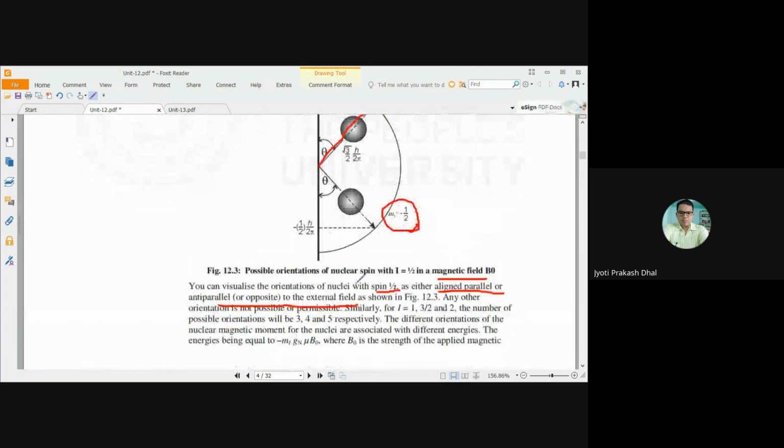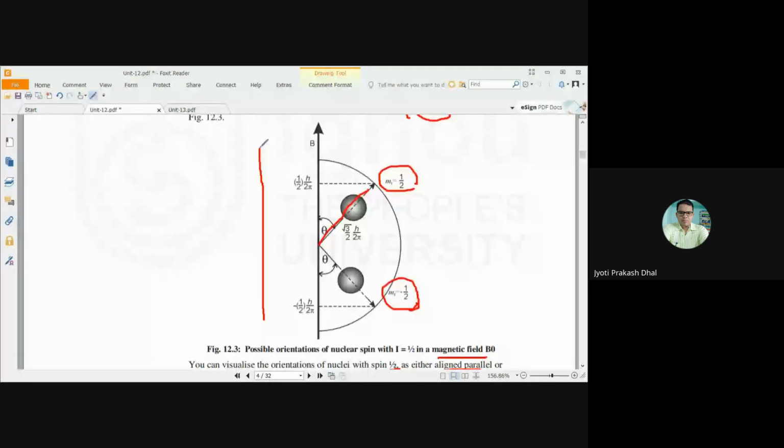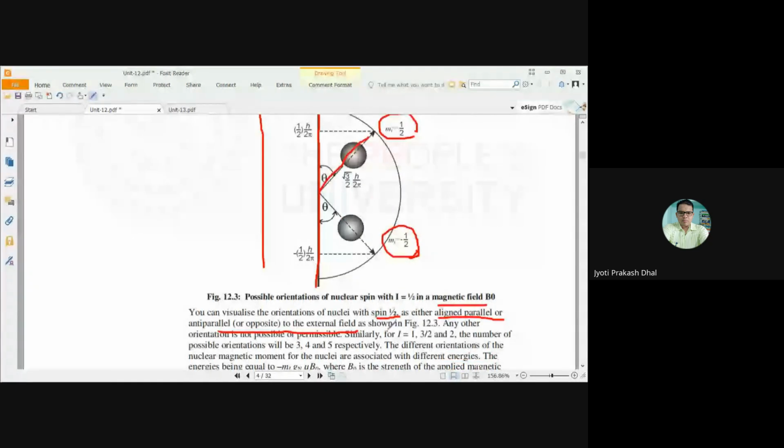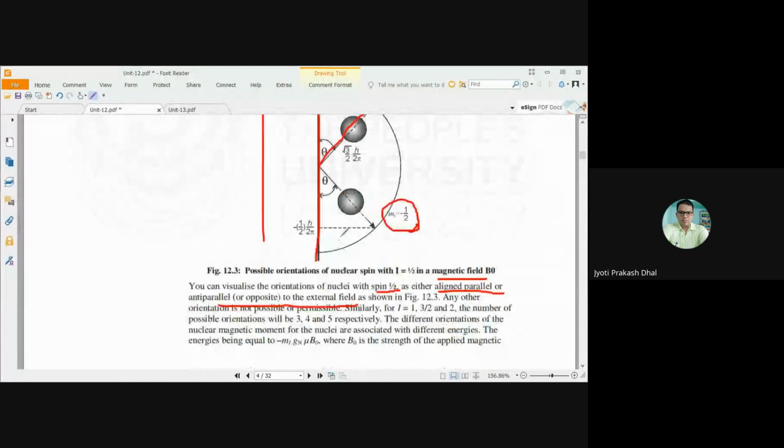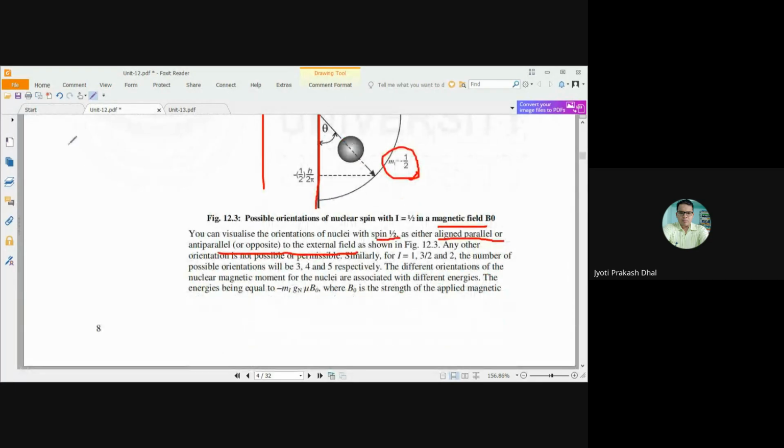This one is the direction of the applied magnetic field B naught, and from this figure you can observe that it will either align with the direction of the applied magnetic field, that is parallel, or anti-parallel, that means opposite to the external magnetic field. Any other orientation for the nucleus is not possible or permissible.